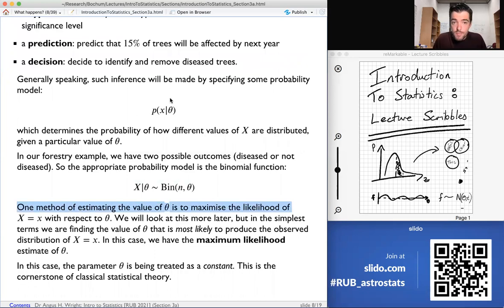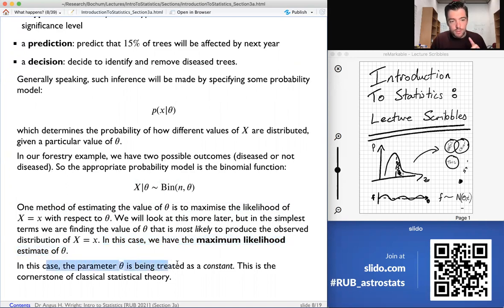And so this probability distribution will tail off from zero, where it has its maximum, to higher values, where it becomes less and less likely that you didn't see a diseased tree given a true fractional disease of 10%, 20%, 30%, 80%. So that's the process of maximum likelihood. It's the process of defining a maximum likelihood estimate of theta.